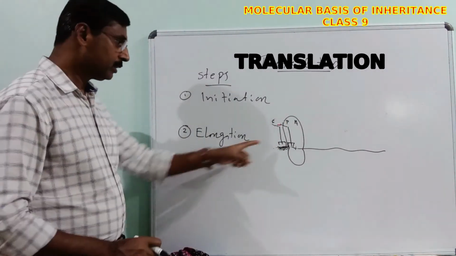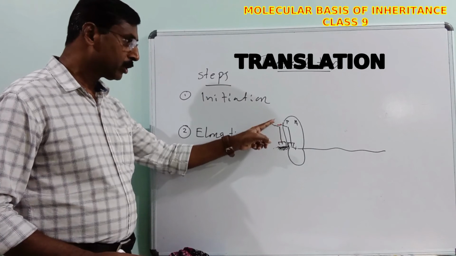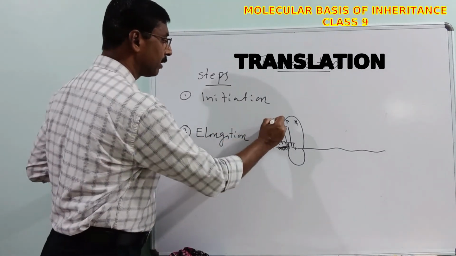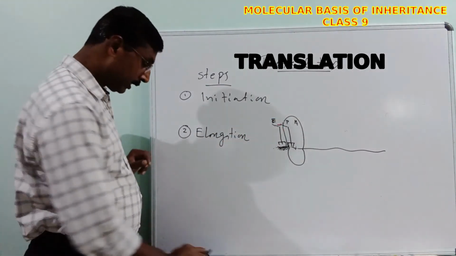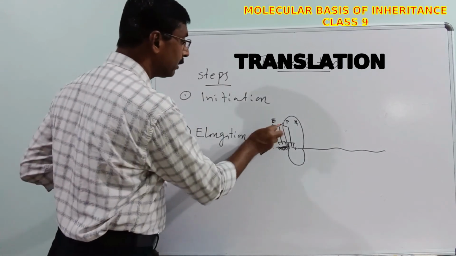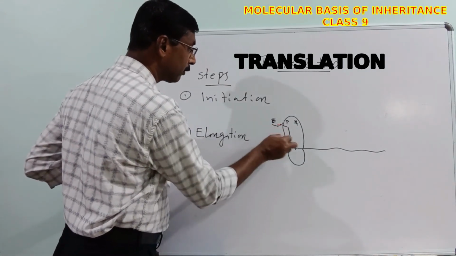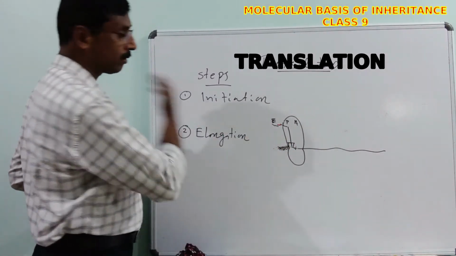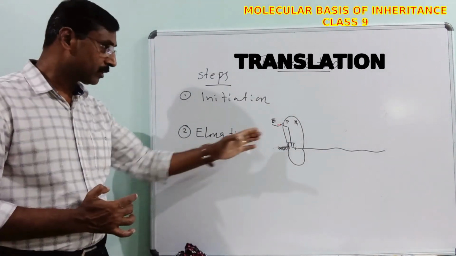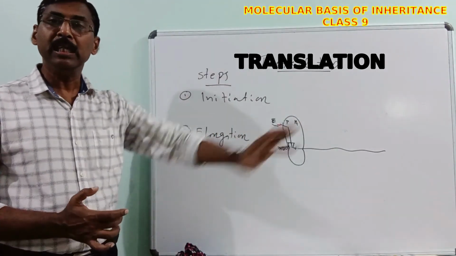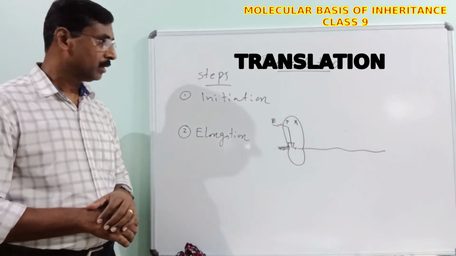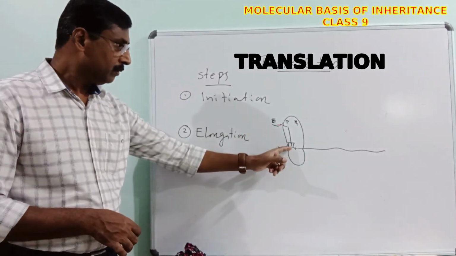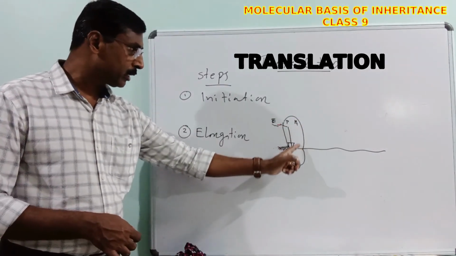Now this transfer RNA would come to the exit site. This is the exit site. So this transfer RNA would be detached from the messenger RNA, and that would leave the site. Now a new transfer RNA would come to the A site.